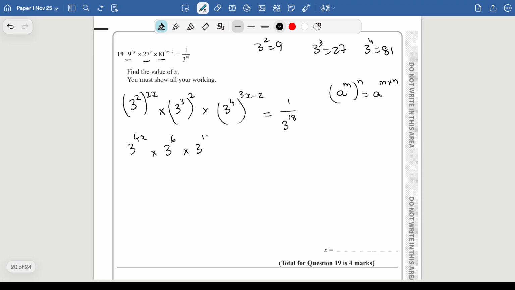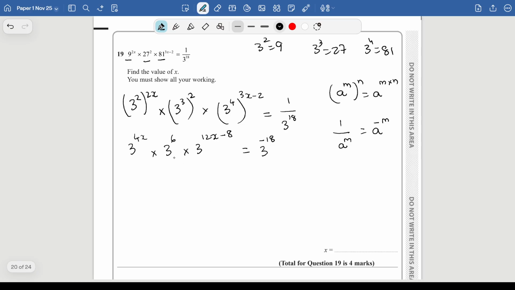So 4 3s is 12 and 4 2s is 8. That's 12x minus 8. Now 1 over 3 raised to 18: 1 over any number raised to a power is equivalent to the same base with a negative power. It's like expressing the reciprocal in terms of its power. So this will be 3 raised to negative 18.